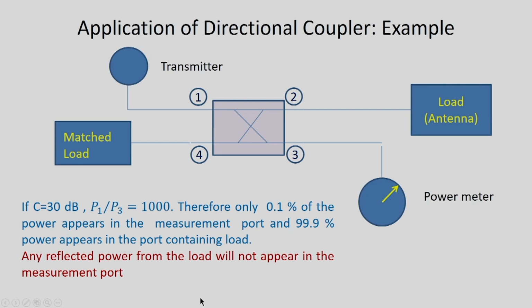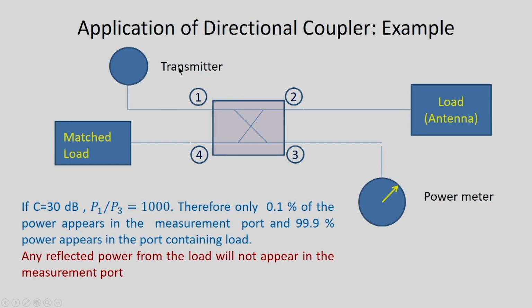Directional couplers have lot of applications. We discuss here one example of such application. So, we are employing this directional coupler for monitoring the power that is supplied to this antenna element, which is the load, by this transmitter.